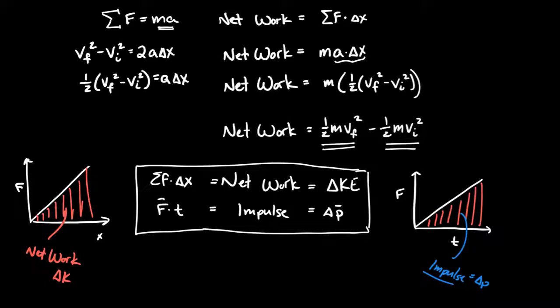Let's do a couple other example questions just to kind of get this. The next example question I think we're going to do is one that I want to be straightforward and easy. Let's see if it is. We're going to go to a kind of schematic example, a box. And we're going to say that there's 20 newtons of force acting on the box at an angle of 20 degrees.